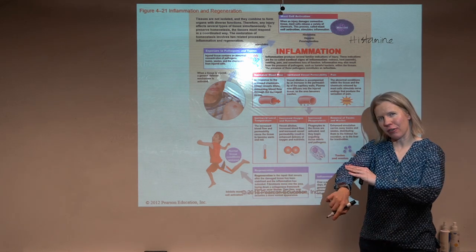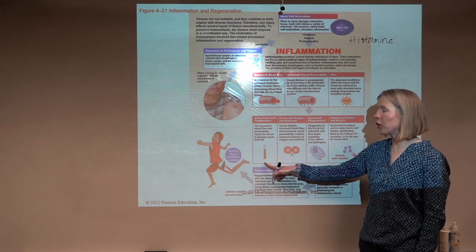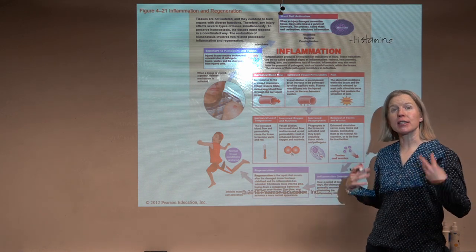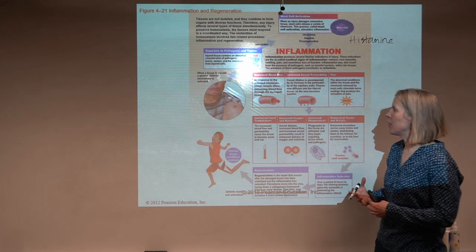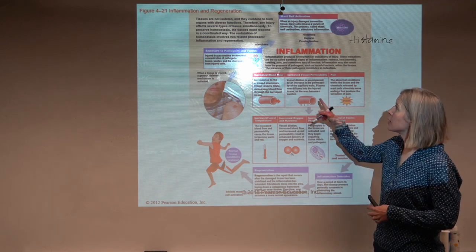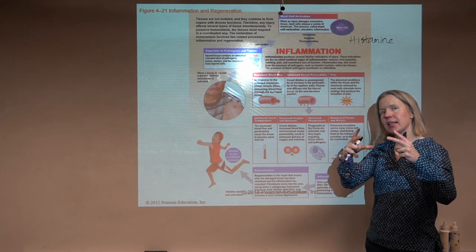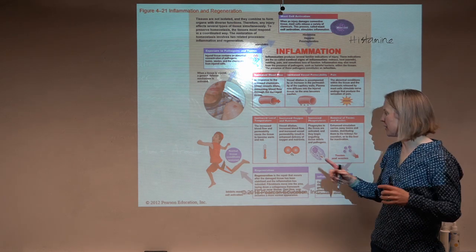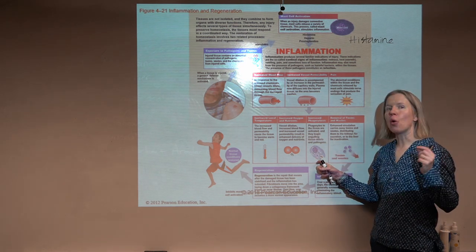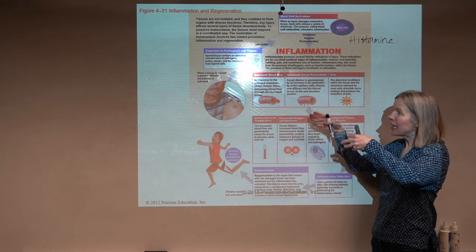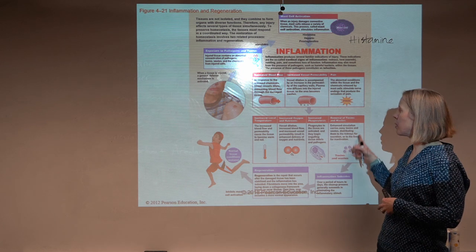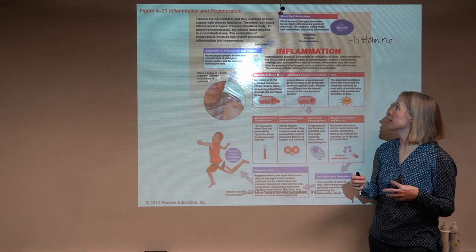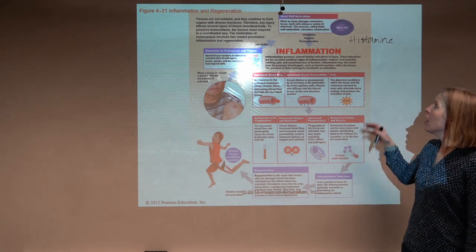So if that area ever feels warm, it's because you have an increased blood flow. But part of that is it's bringing more oxygen, nutrients to the site in order to help the healing process. The other thing that happens is as that blood vessel dilates, it gets kind of leaky, and that's going to let white blood cells actually leave the bloodstream, come to the injured area, and try to help clean up and remove some of those toxins and wastes, right?